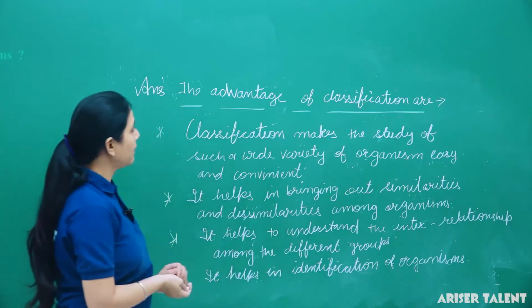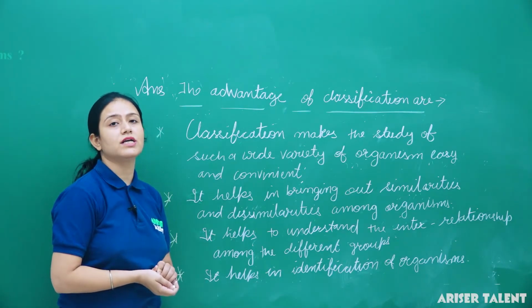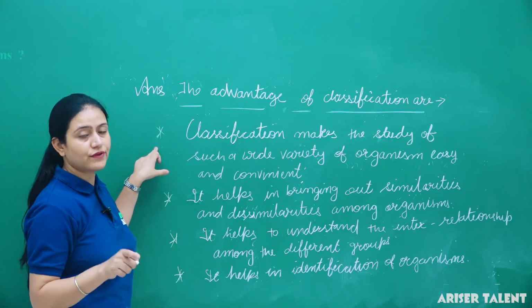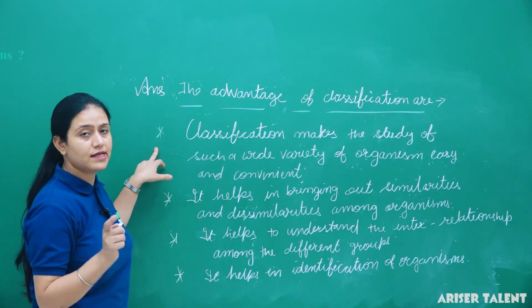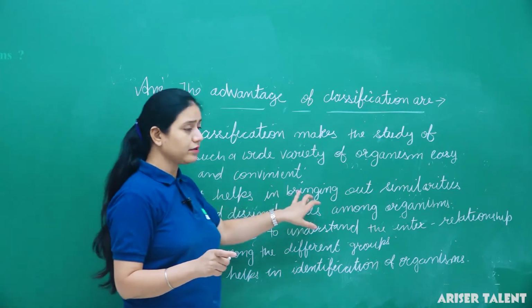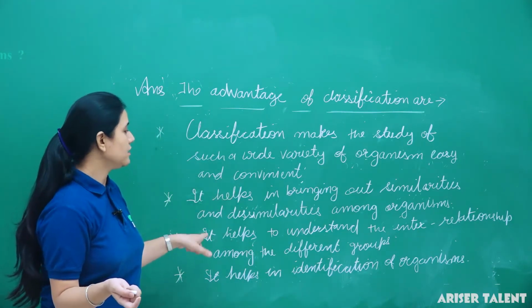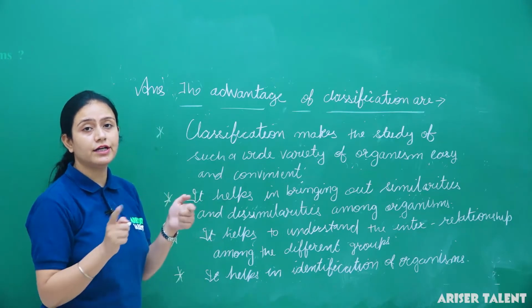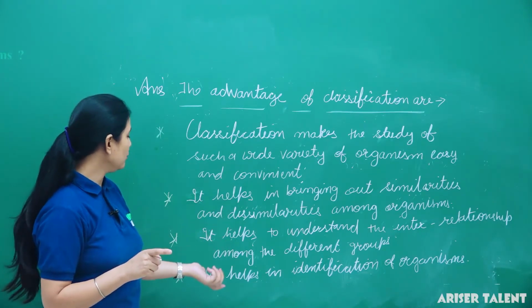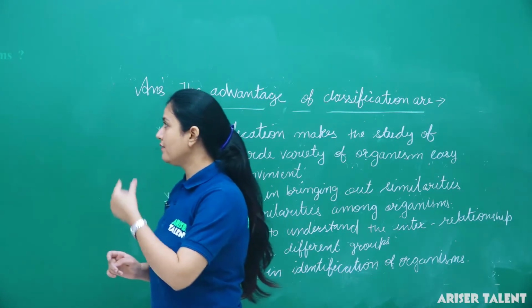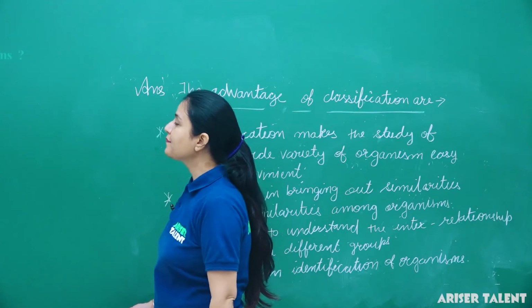So these are the benefits, the advantages of classifying animals into different groups. What are they? First of all, classification makes the study of organisms easy and convenient. Second, it brings out similarities and dissimilarities among the organisms. It helps to understand the interrelationship among the different groups, and it helps to identify the organism. So these are the advantages of classification.